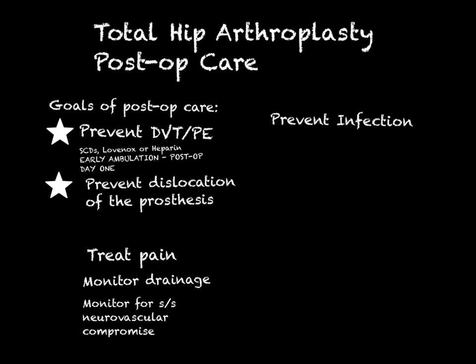Okay, so one of our other goals is going to be to prevent infection. And you remember our talk about osteomyelitis and how difficult it is to treat and how a septic joint can become avascular necrosis. We don't want any of those complications to happen to our patients. So obviously we're going to make sure that we administer our antibiotics on time.